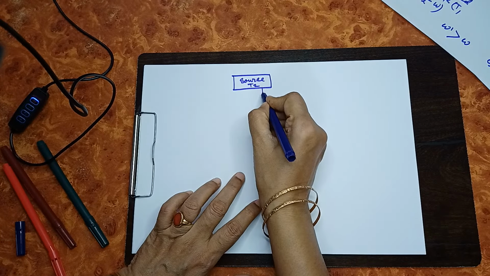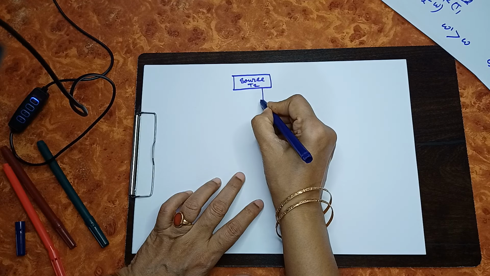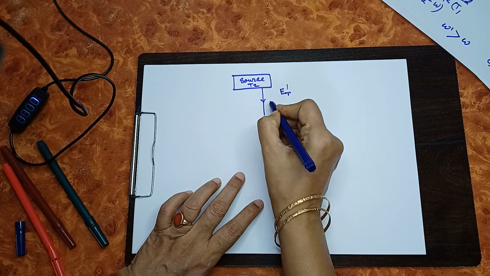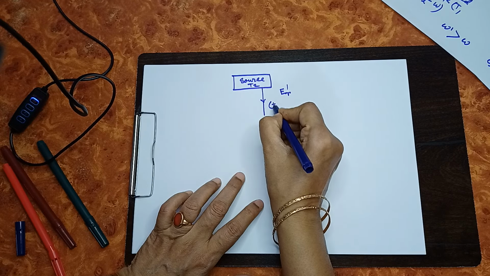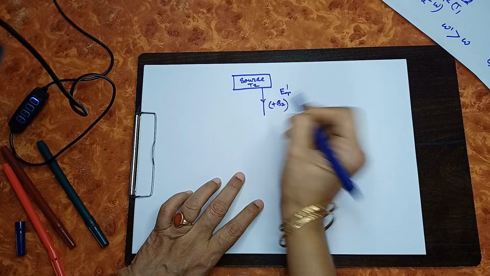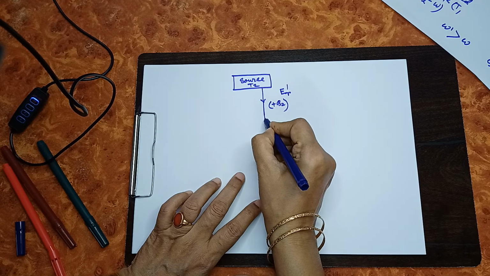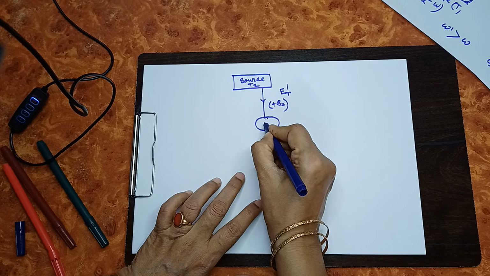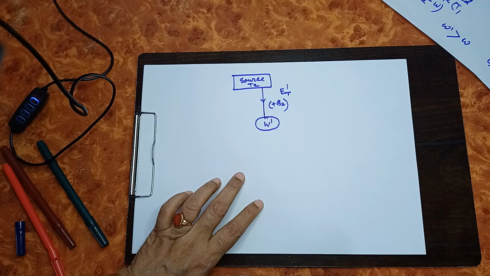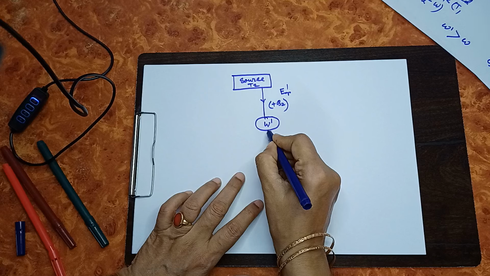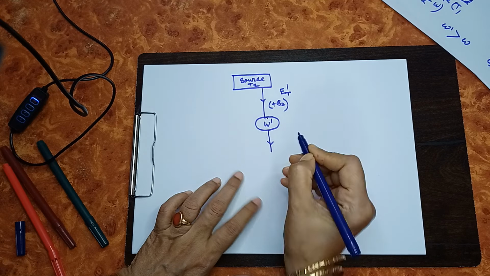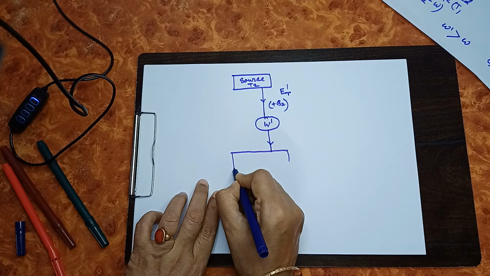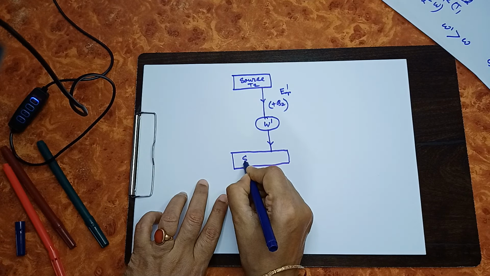Now, this ER dash heat engine takes Q2 amount of heat from the source and converts a part of it to W dash mechanical work, and the remaining heat is released to the low temperature sink.